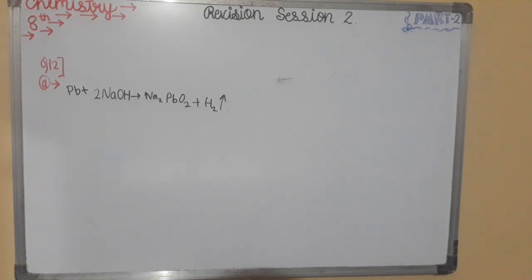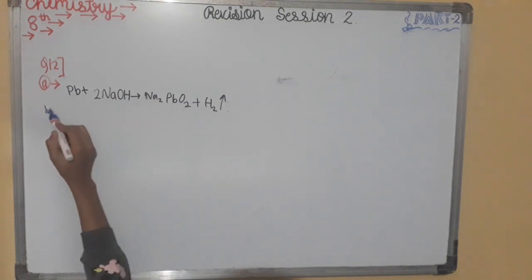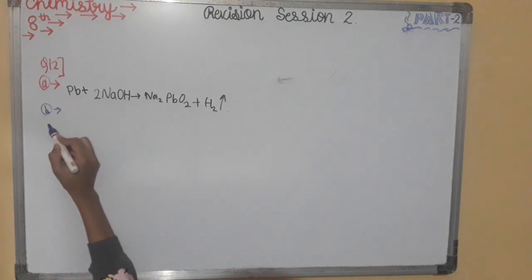They are generally represented like AB plus XY gives AY plus XB, and the reaction is B we have seen already.